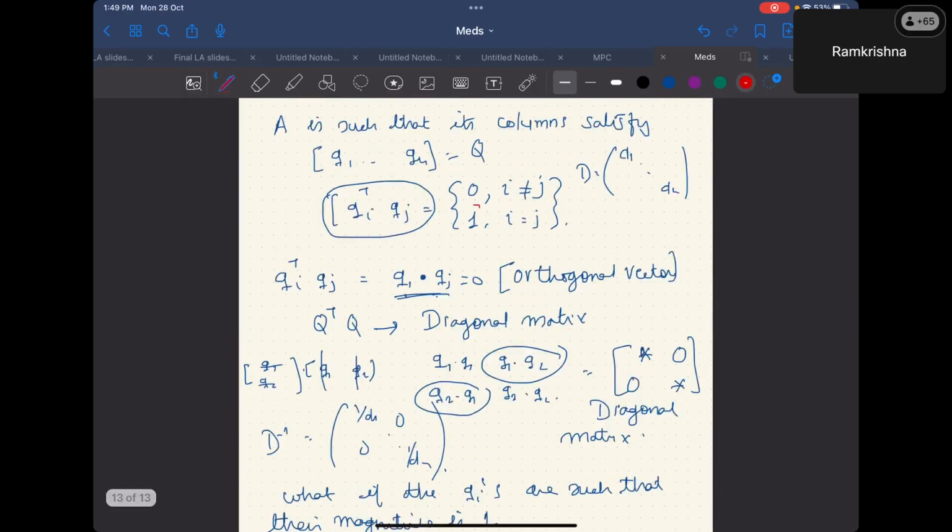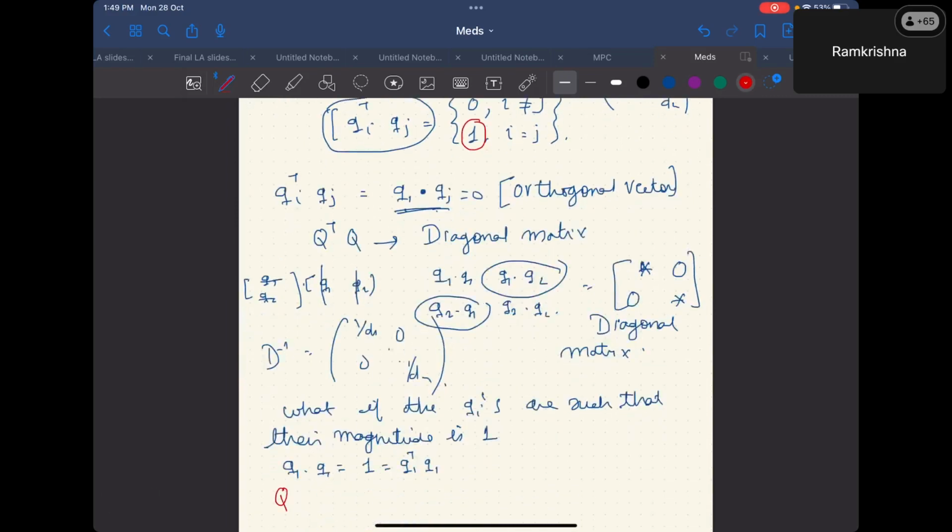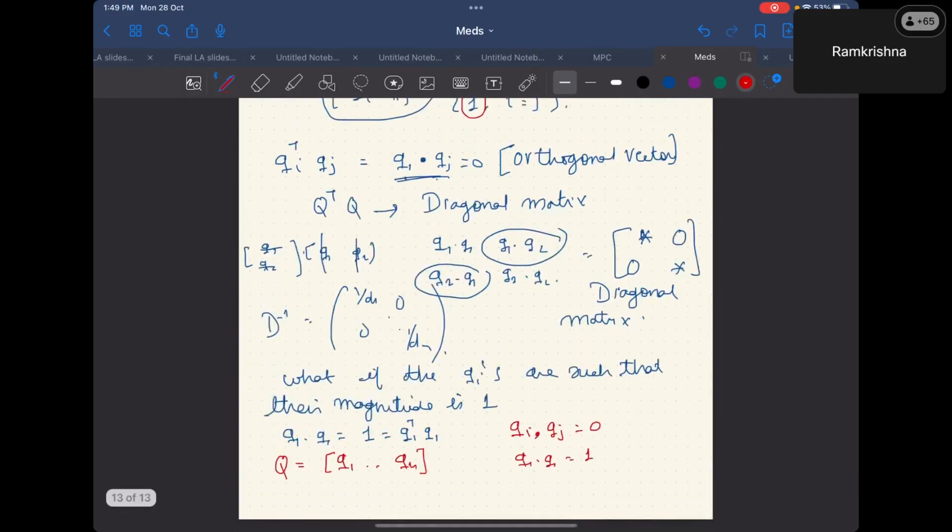There's a reason I write a 1 here. So matrices Q whose columns Q1 till Qn are such that any arbitrary Qi dot Qj equal to 0 and Qi dot Qi equal to 1 are now called orthonormal matrices. Okay, when this happens, this is nice.